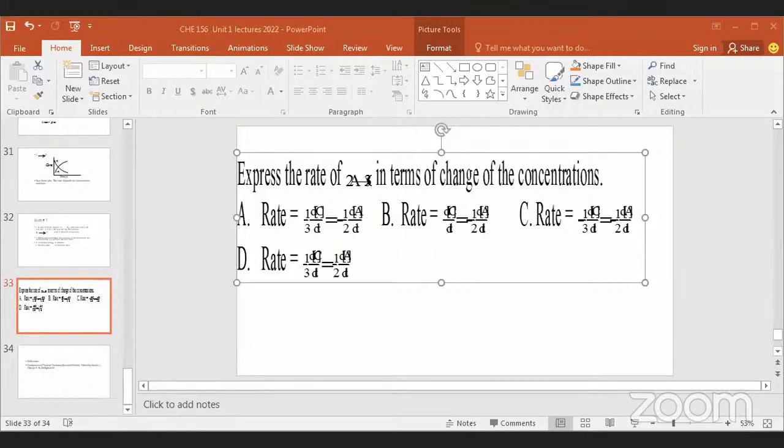What is the relationship between the rate of formation of D and the rate of formation of C? The rate of disappearance of A and the rate of formation of C, I gave you the answer to that. And I said, write for the rate of formation of C and the rate of formation of D.